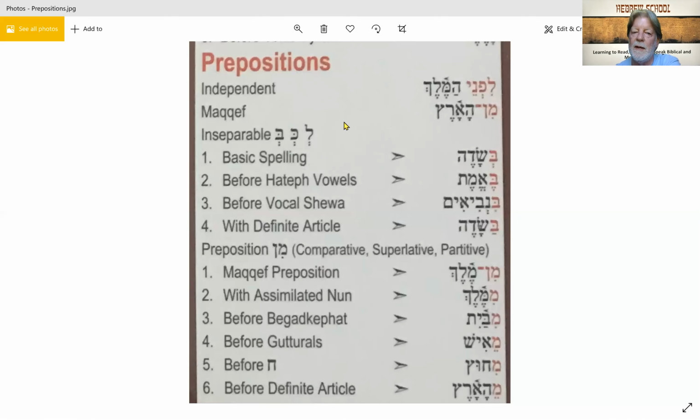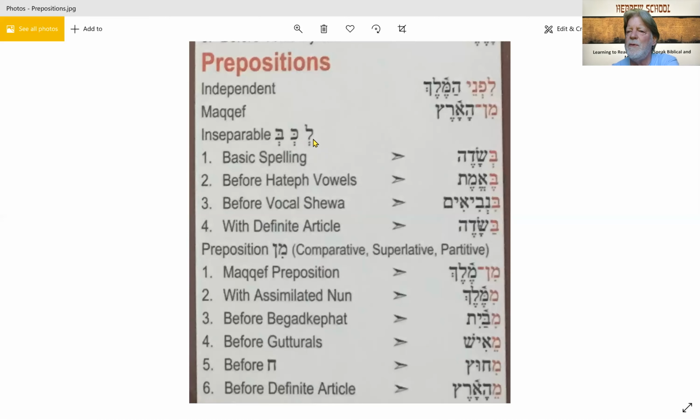The ba, the bet prefix preposition, means in, like in or into in English. The kaf or the ka prefix means like, similar to or in the same way. And then we have the lamed or the la prefix, and it means to.